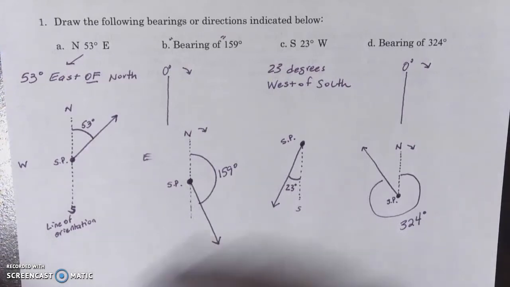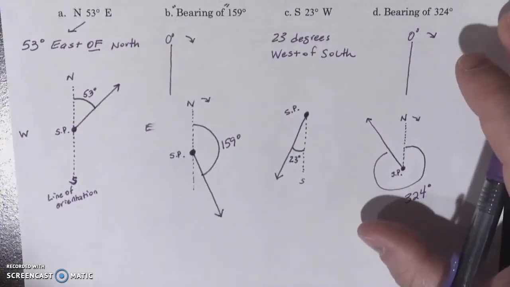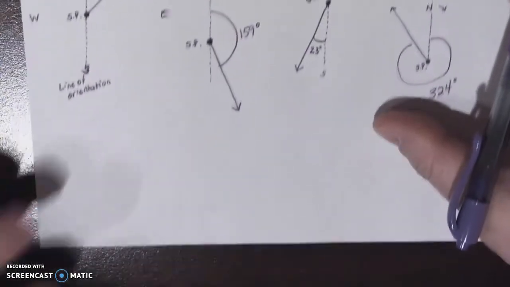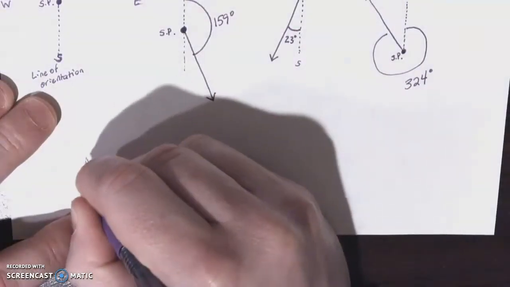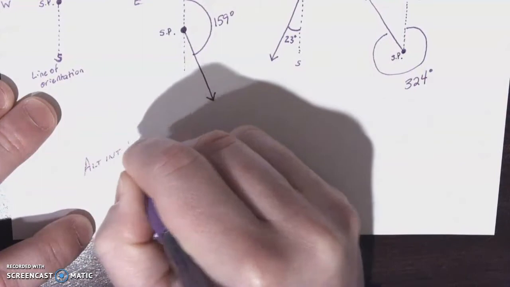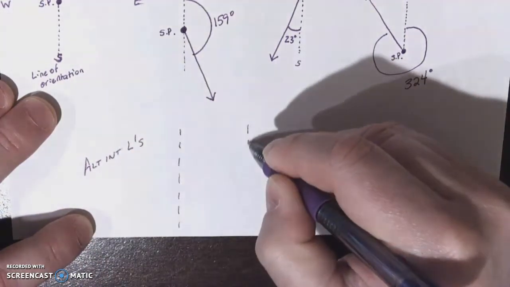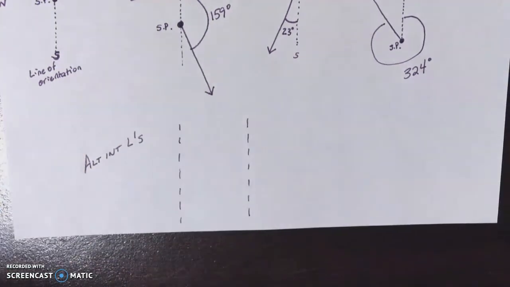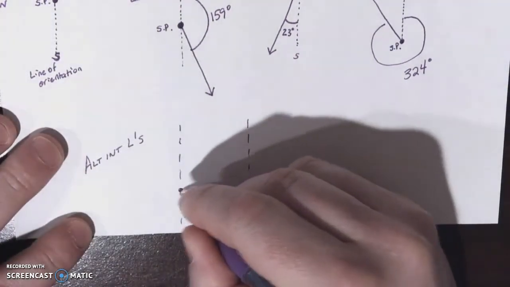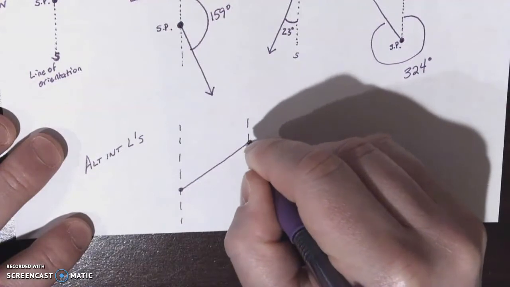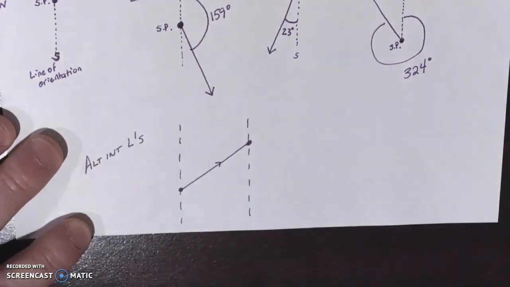Now, one more thing I want to talk about to write in our notes prior to getting into these word problems is a reminder of alternate interior angles in geometry. Many times in these word problems, you might see two vertical lines of orientation and maybe some sort of bearing has taken us in that direction.